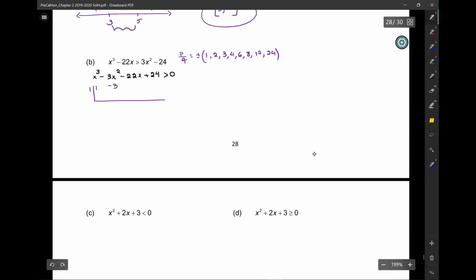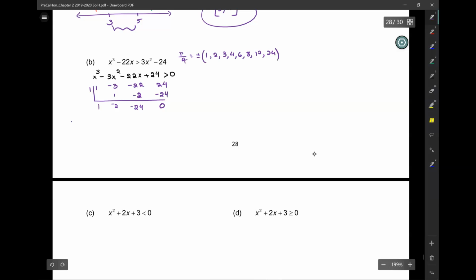1, negative 3, negative 22, positive 24. 1 comes down. 1. Negative 3, negative 3. No, sorry, negative 2. Negative 2. Negative 24. Negative 24. 0.